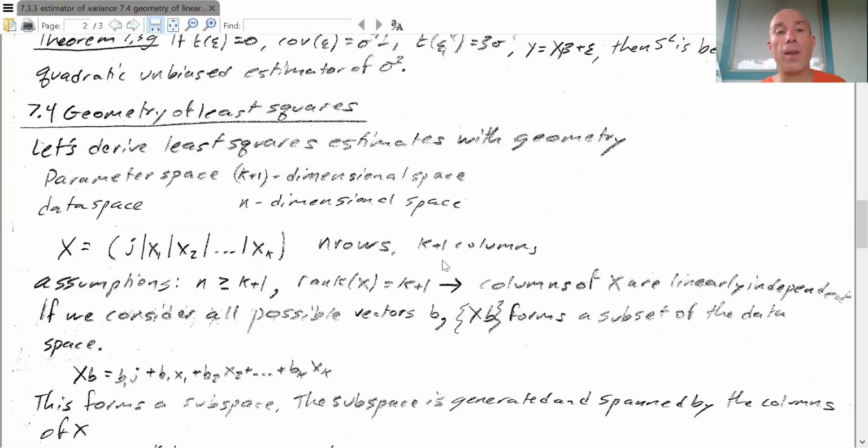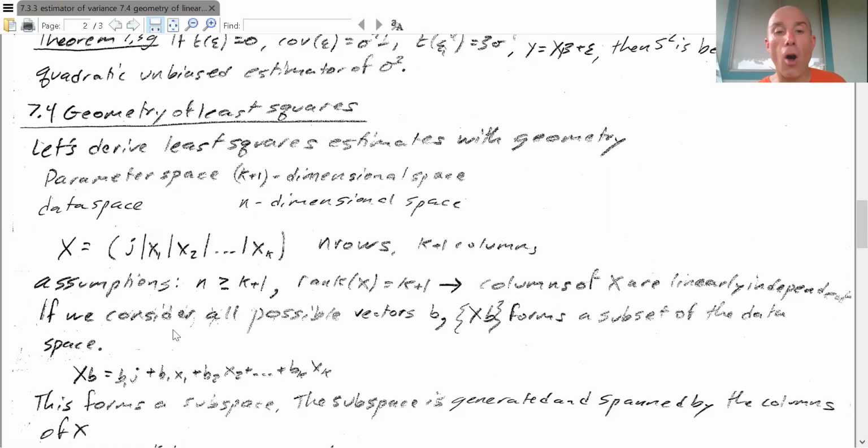So we have n rows, k+1 columns. Now, we're going to assume that we have at least as many data points as we have coefficients to fit, and we would prefer to have more observations than coefficients. And we're going to assume that we have full rank. So this is saying that these columns are linearly independent, like from your linear algebra course.